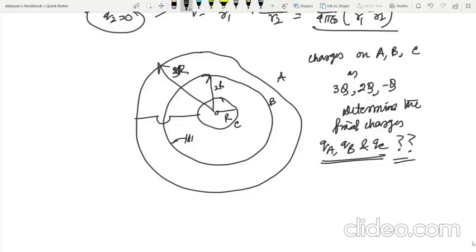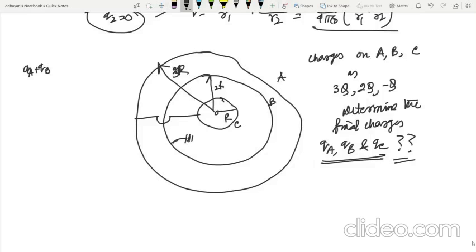Because of conservation of charge, QA plus QB plus QC equals 3Q minus Q, that is 2Q. That is our equation. Then the potential, so second equation, zero potential.